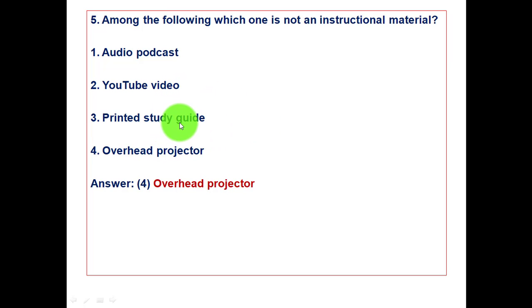Then printed study guide, this is also a very good instructional material. Overhead projector, no. An overhead projector is of no use until a teacher or faculty uses it in the classroom. So option 4 is in no way an instructional material. The overhead projector is not an instructional material, so 4 is the correct option.